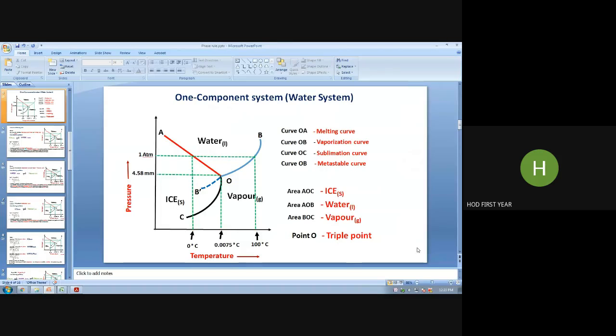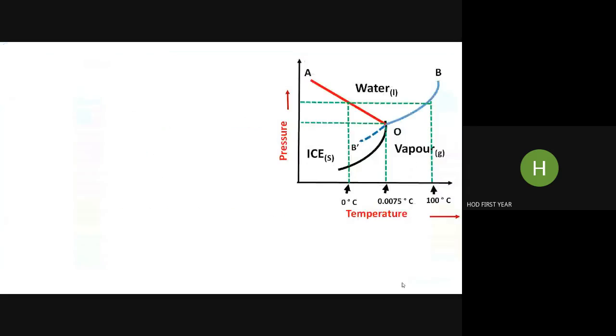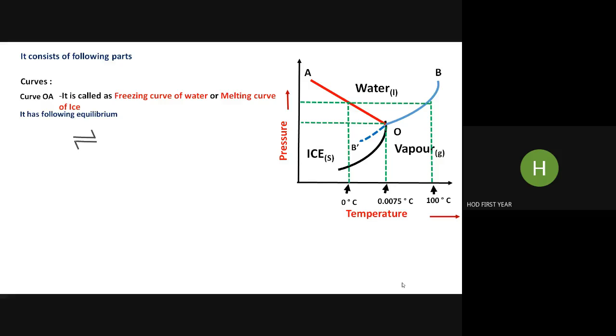So yesterday, after drawing the diagram, we were at the curves, or I think we have finished curves for OA, right? This OA curve is the freezing curve of water or melting curve of ice.